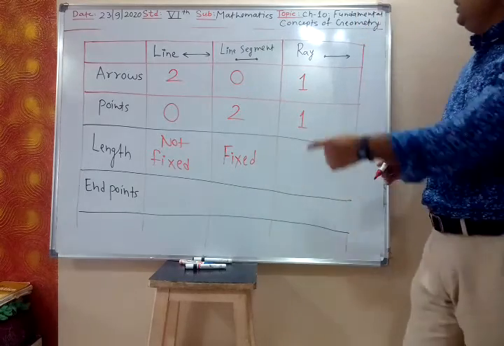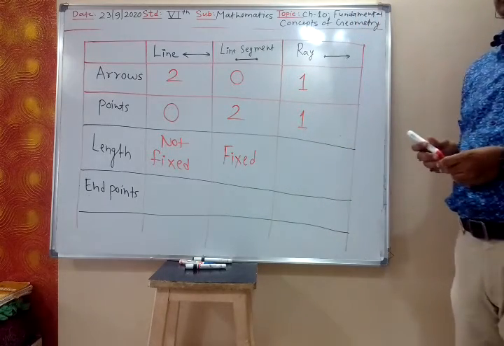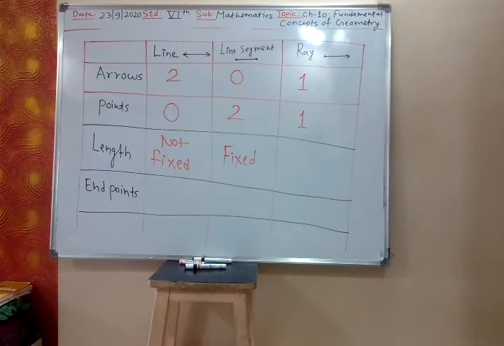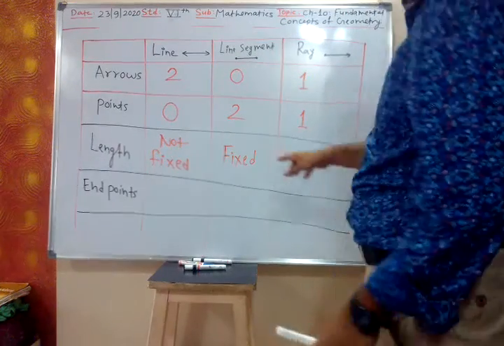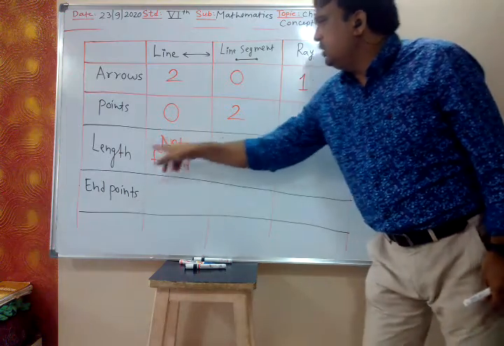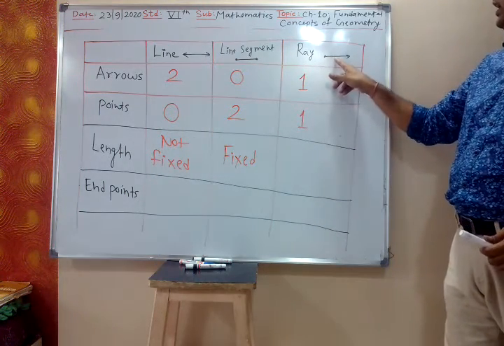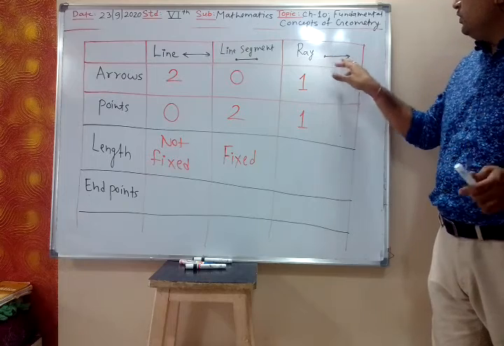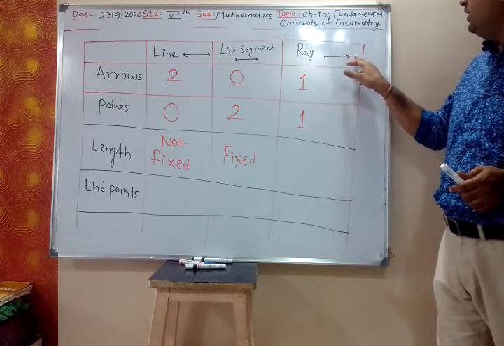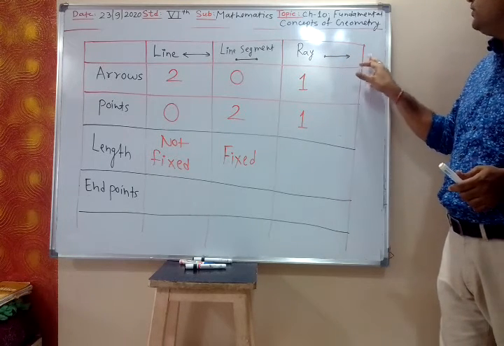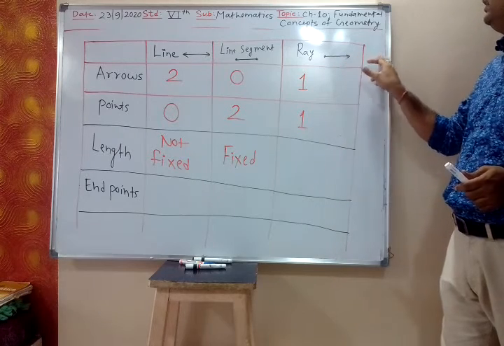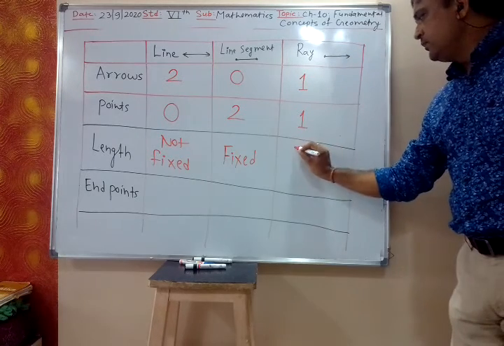Then, now see here. What is the length of a ray? This ray is not fixed at one side. One side can be extended. So whenever you extend one side, it is not fixed.